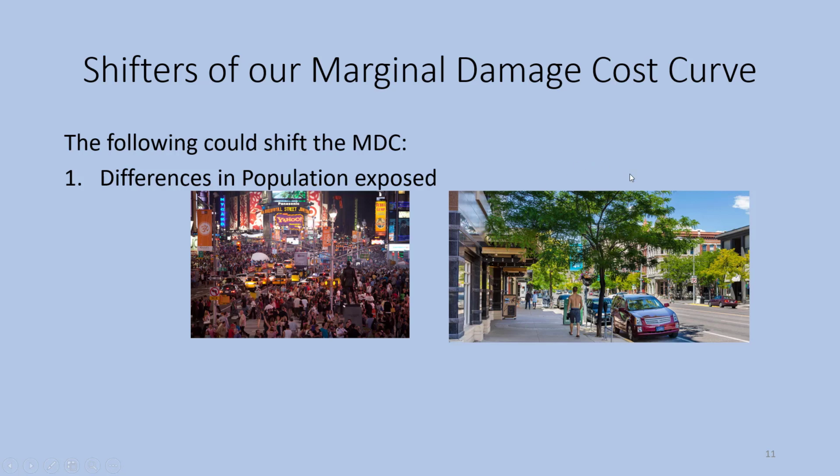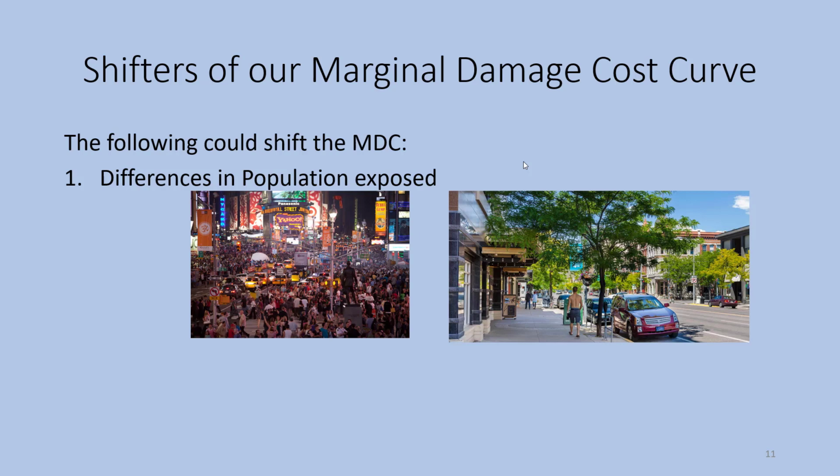So again, there are certain populations that are just going to be hit harder because there's more people in those populations, and that could be something that shifts up our marginal damage cost curve, right? So again, differences in population exposed could be one of those things. Right. The more people there are to experience the negative effects of this pollution, then the more damage it's going to cause people in terms of health or those disability adjusted life years.